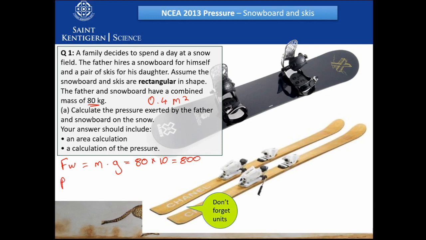And then pressure equals force over area, and the force in this case is 800 Newton divided by the area, which is 0.4 meters squared. And that gives us a certain answer.